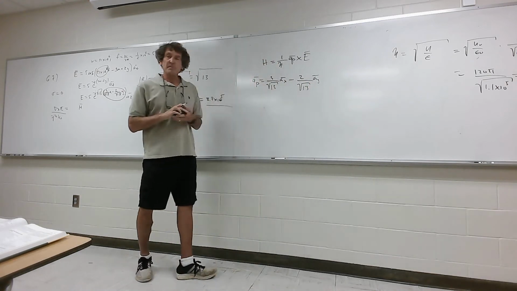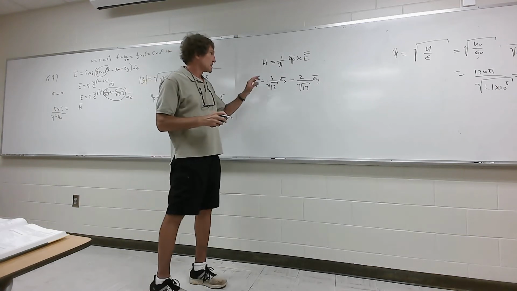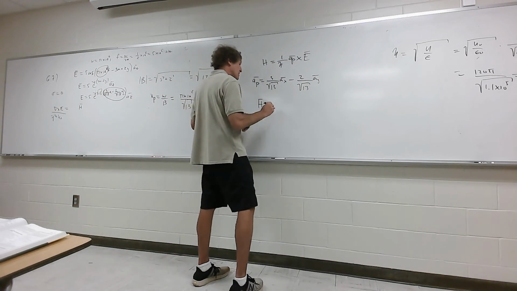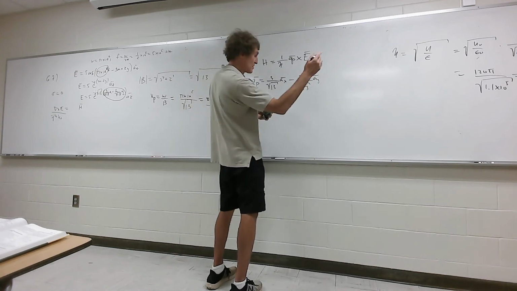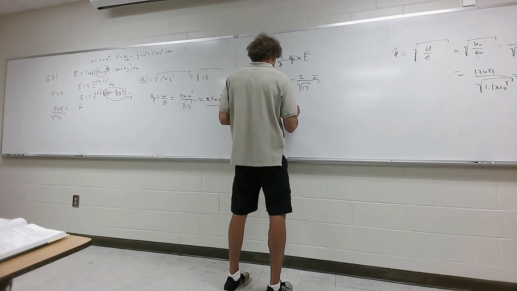And you can check that the magnitude of that is 1, that is a unit vector in the direction of propagation. Do you all agree with this? So to get this, technically, I should say it's going to be equal to 1 over eta, 1.1, almost 1, times the unit vector in the direction of propagation, which is this.